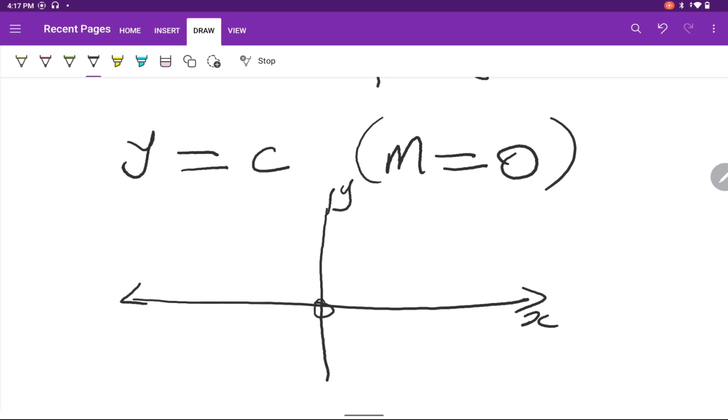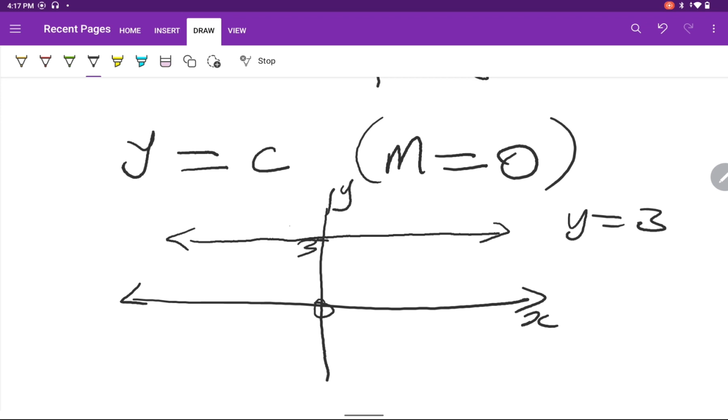Now y equals c, remember, c is the constant, m is the gradient. So this constant may be any number. Let's say c is 3, so we say y equals 3. It means the y value will be 3 somewhere here. As we draw this graph, it will be a line parallel to the x-axis, cutting at 3.